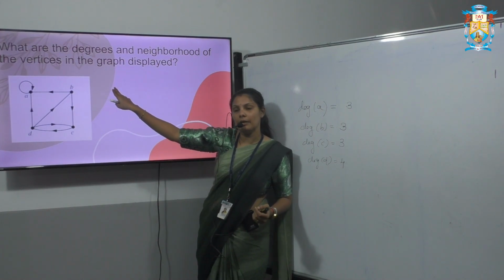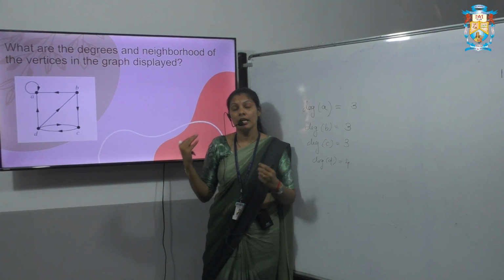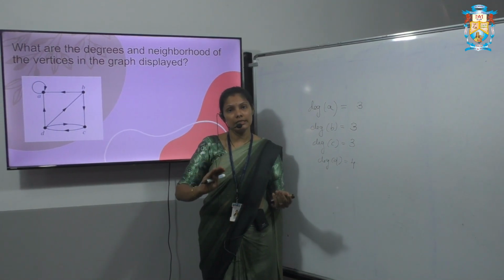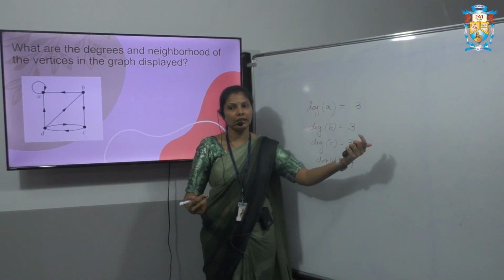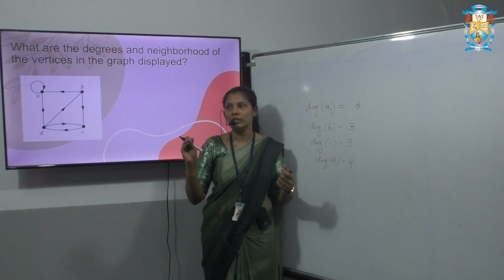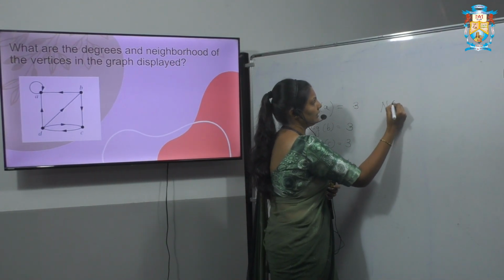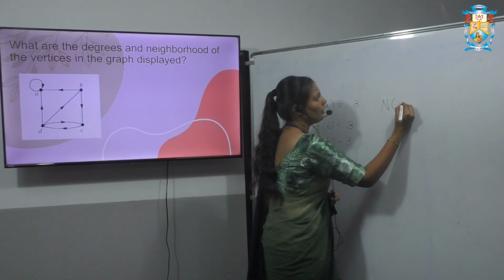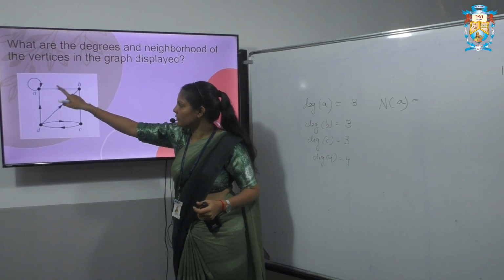Next we will see the neighborhood of the vertices. How can we find the neighborhood of a vertex? The neighborhood of a vertex is nothing but the vertices which are adjacent to the vertex. The neighborhood of a node is denoted by N of V. First one, N of A. How many adjacent vertices are there?